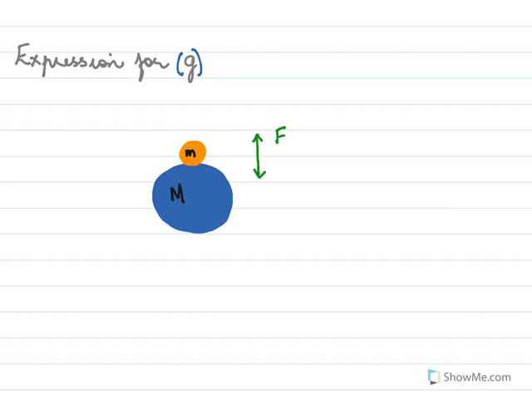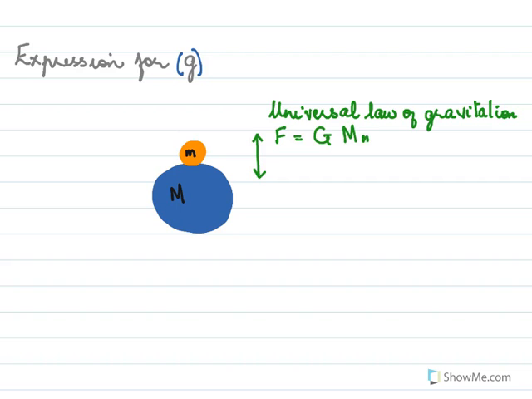Now this force, say F, is given by the universal law of gravitation, which is equal to G, mass of the earth, mass of the object, over the radius of the earth squared. Because here is the distance r.